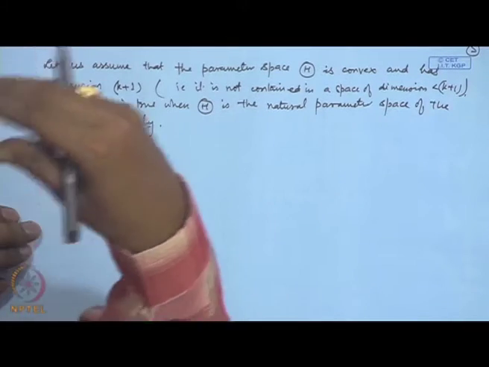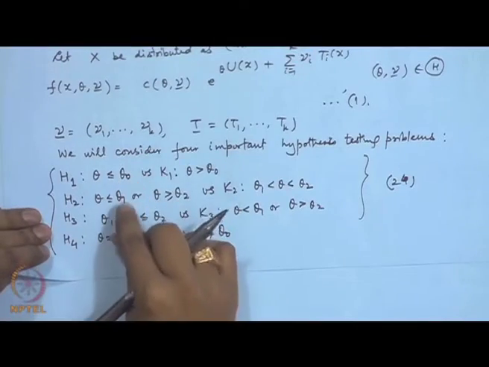Then when we are dealing with the testing problems, we have mentioned certain points like theta naught, theta 1, theta 2. So, we assume that these are in the interior, that means there are points which are less or more than these.